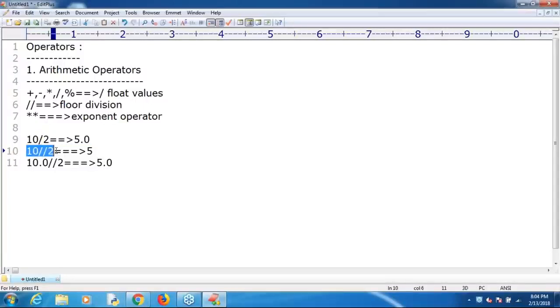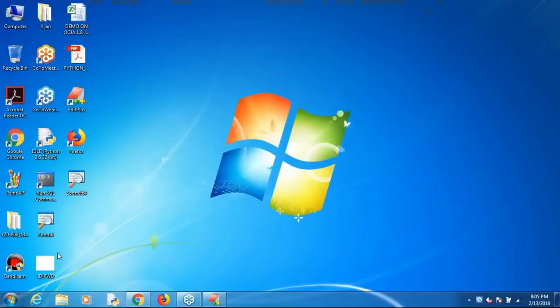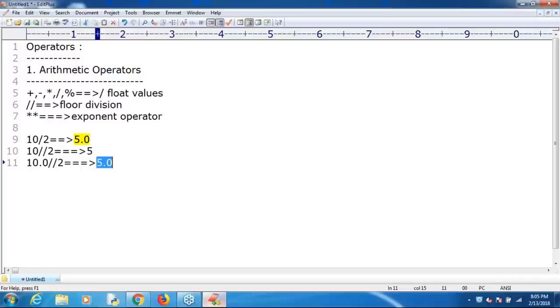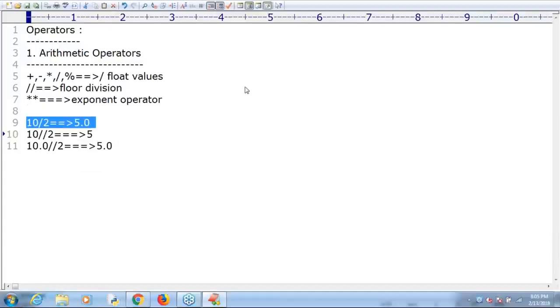If the arguments are int type, the result is always int type. If the arguments are float type, the result is always float type. So floor division can work for both int values and float values. But the normal division operator will always generate only a floating point value.